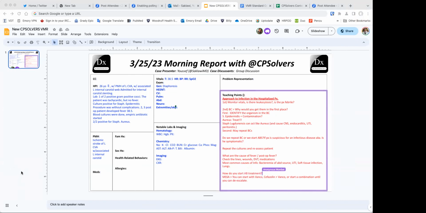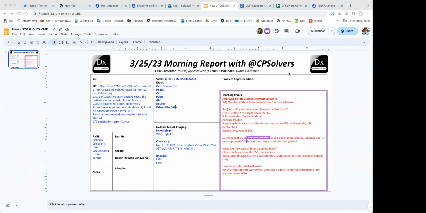In fact, in a lot of institutions now, I think particularly mine, if a blood culture pops positive for Staph aureus, it will automatically put in an order for an ID consult.